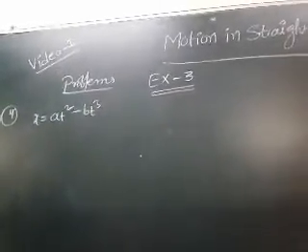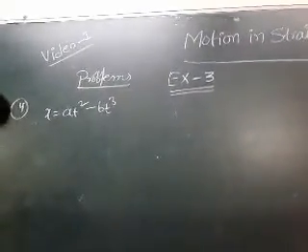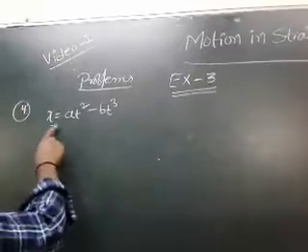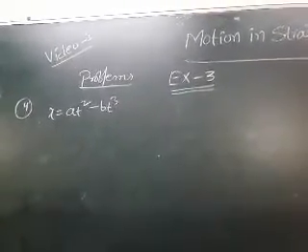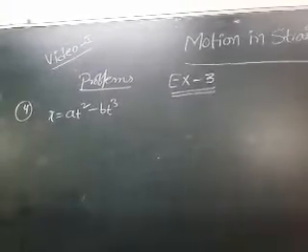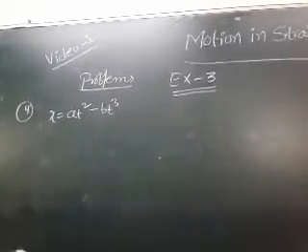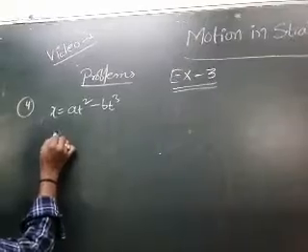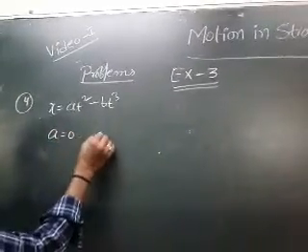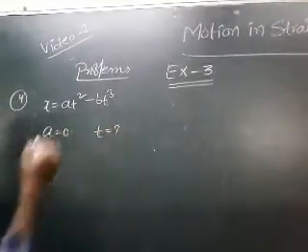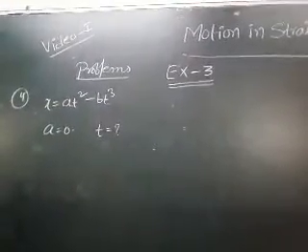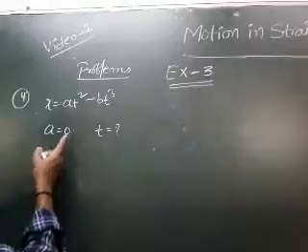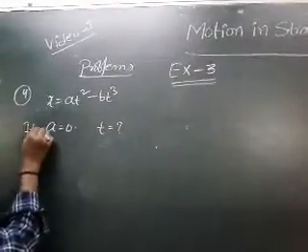The position of the particle x varies with time, x is equal to a t square minus b t cube. The acceleration of the particle will be 0 at time interval t. So acceleration is 0 at what time interval? If acceleration is 0, right?